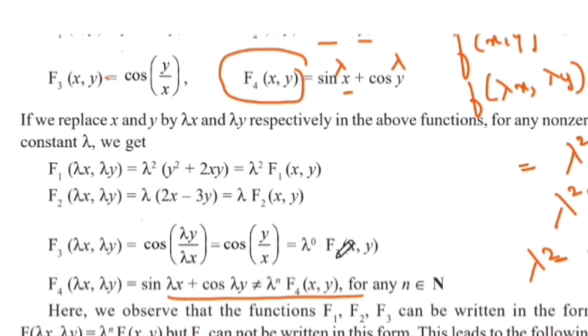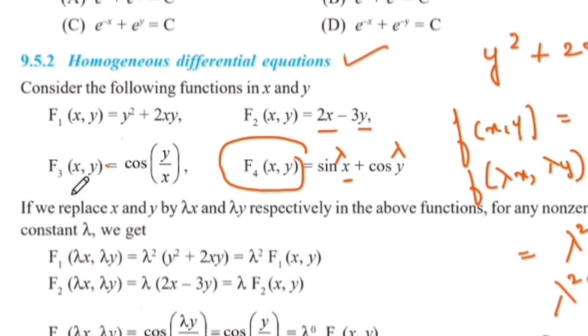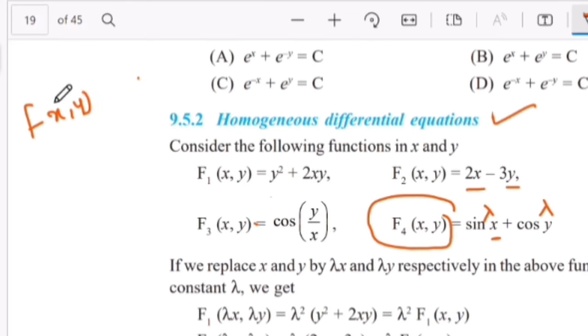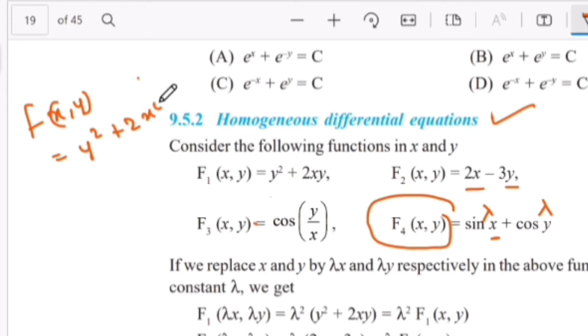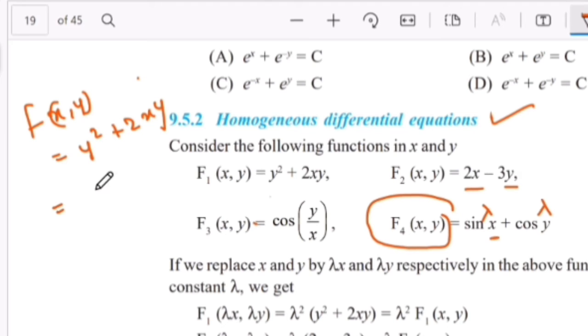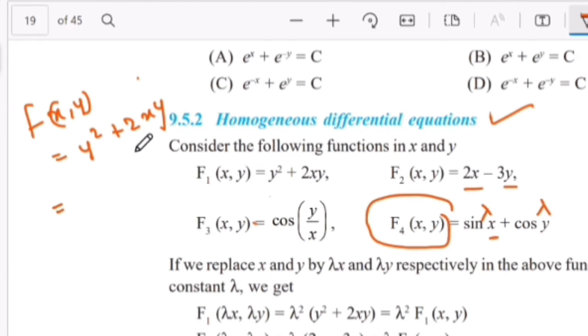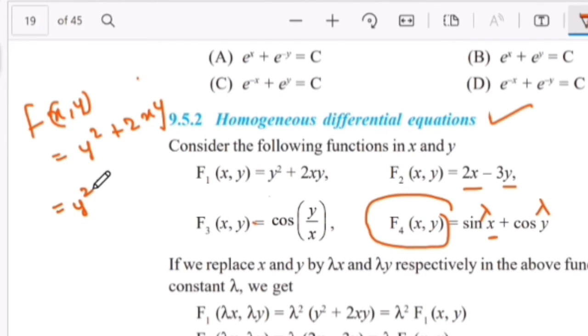Now the other way of writing homogeneous functions is, f of x,y is lambda square times something. Say the function is y square plus 2xy. If it is homogeneous, the degree is 2, right? So divide both the terms by either y square or x square. If I divide by y square, I multiply also by y square.